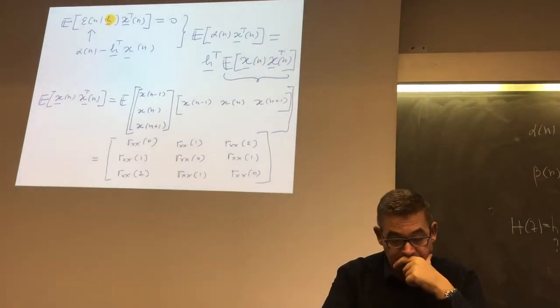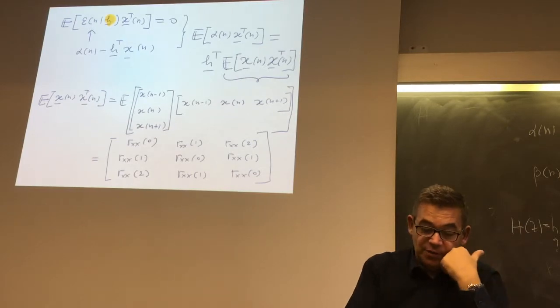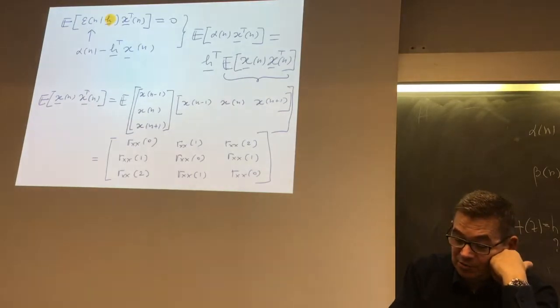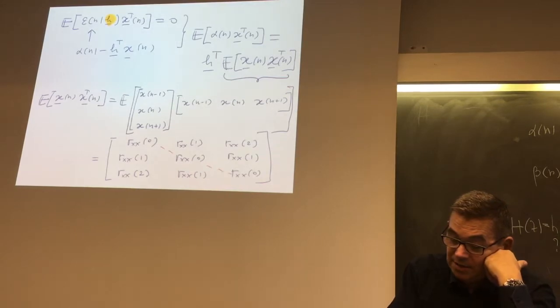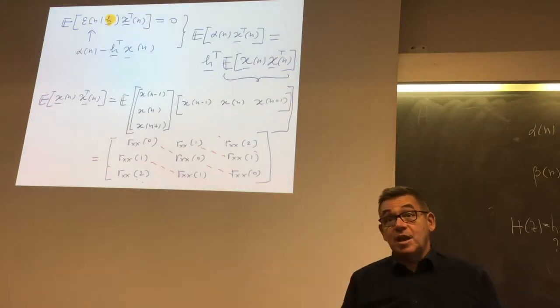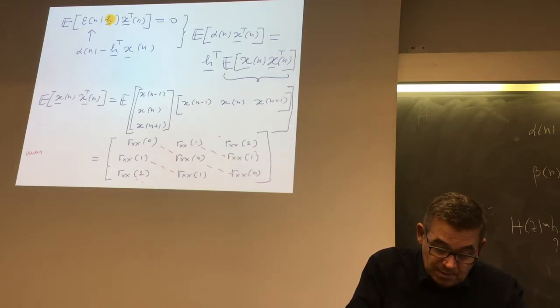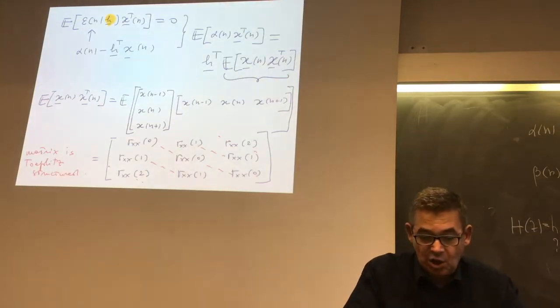By the way, it's not relevant, but this matrix has a structure where along the diagonal everything is equal. If along the diagonal you have the same entry, that matrix is called a Toeplitz structure. Just a comment.